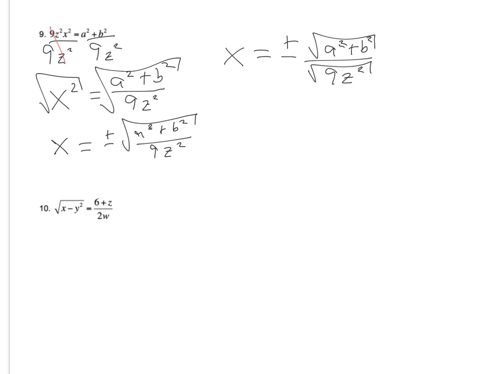And since 9z squared is multiplied, it's something we can take the square root of. We can't distribute it to two terms that are added, like we saw in the last problem, but we can take the square root of 9z squared. And so what we get is that x equals plus or minus the square root of a squared plus b squared all over the quantity 3z.